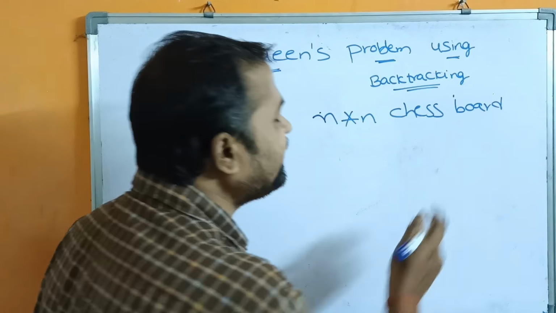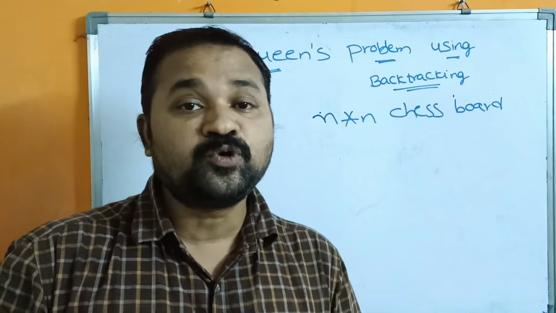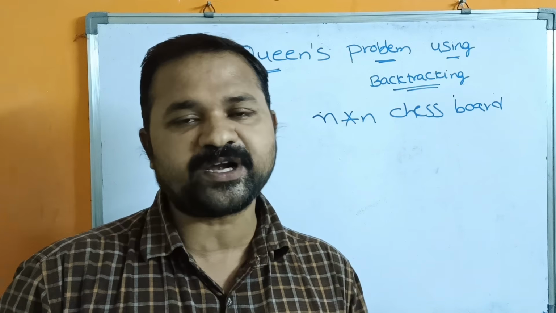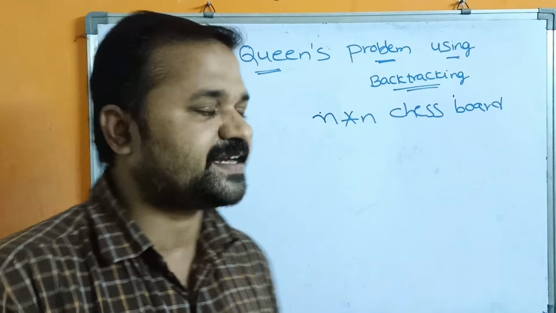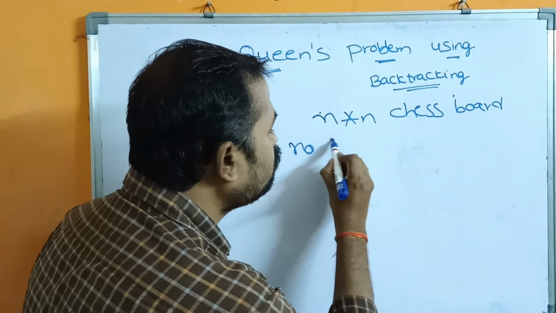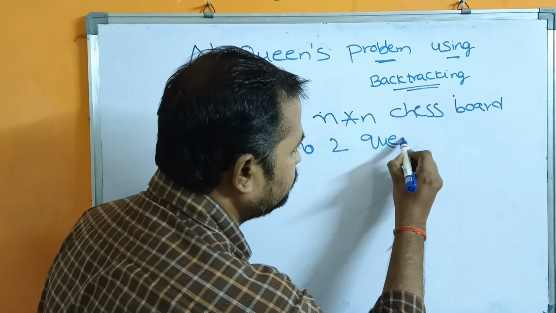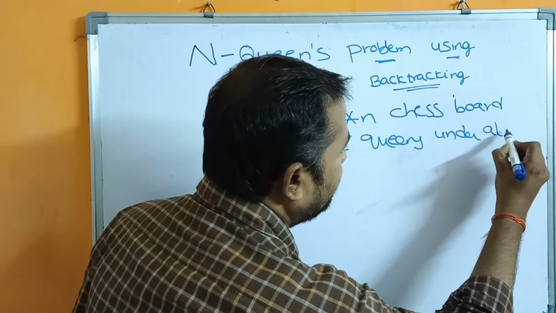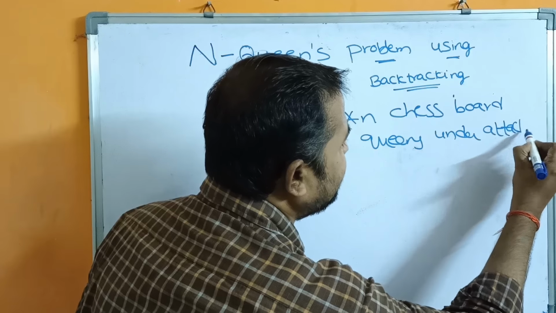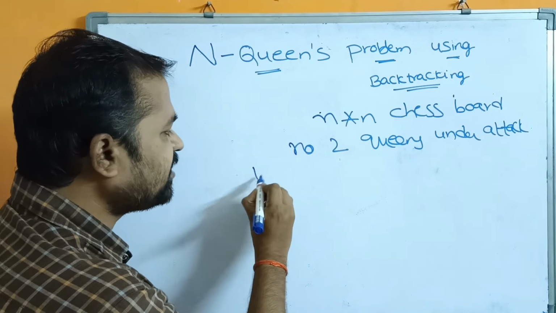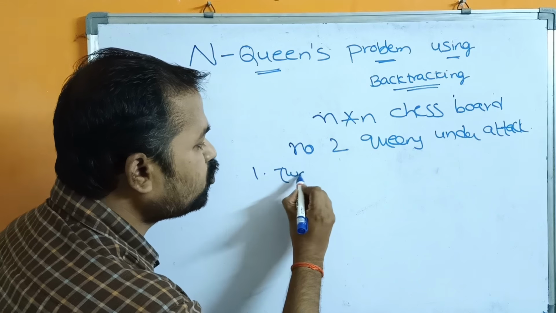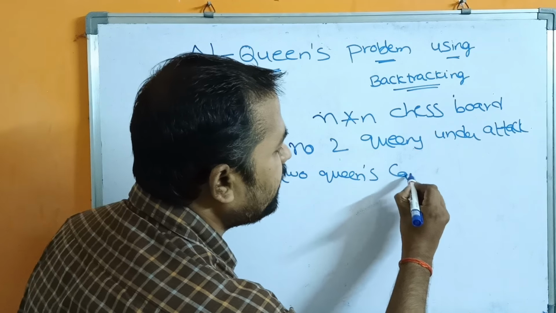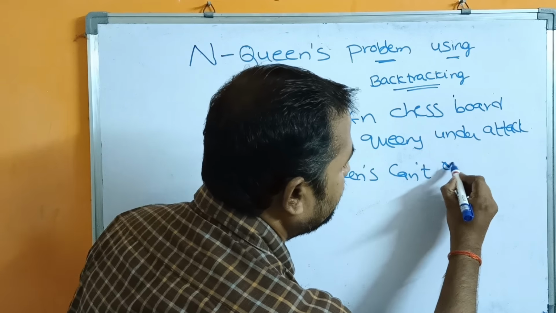Our main aim is to place n queens on the chessboard in such a way that no two queens are under attack. There are three conditions. The first condition is that two queens cannot be on the same row.